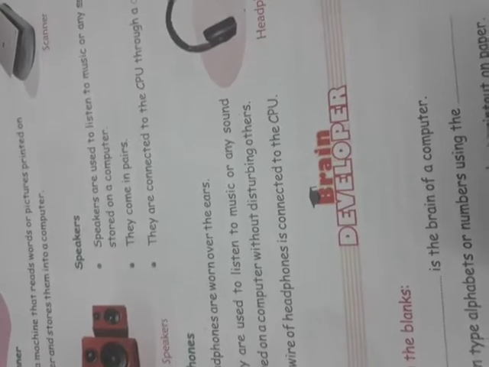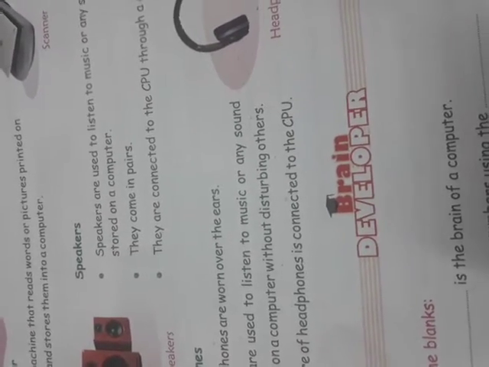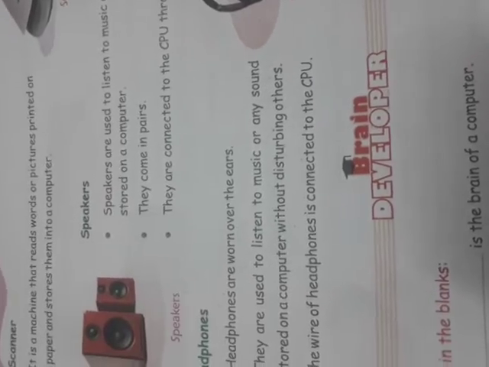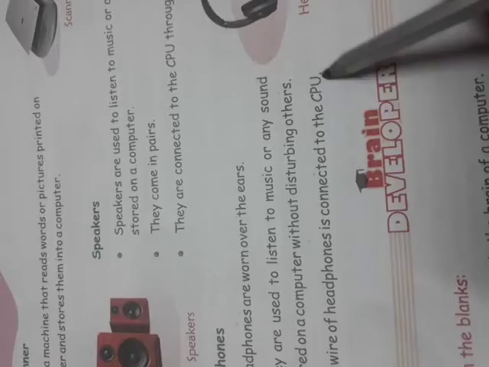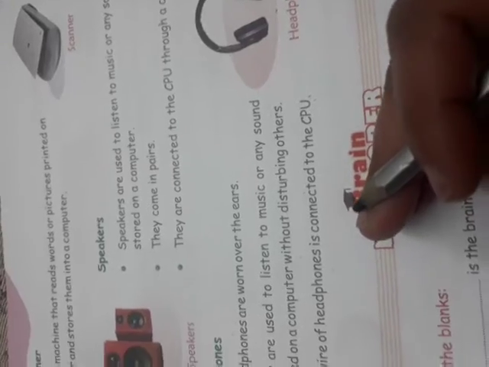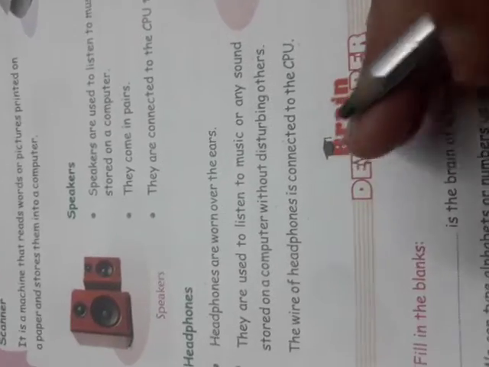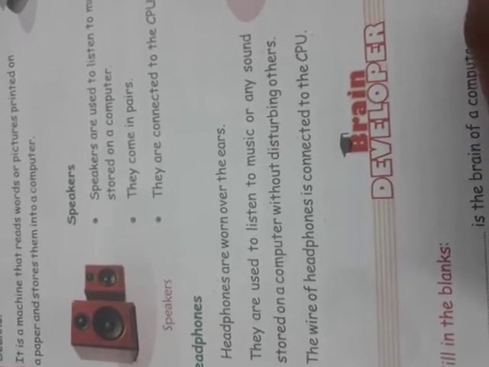The music is coming to your ears only, and the other people around you cannot hear that, right? And the wire of headphones is connected to the CPU. Because CPU is the brain of the computer, all the additional parts are connected to the CPU only, so that they can take instructions from the CPU.